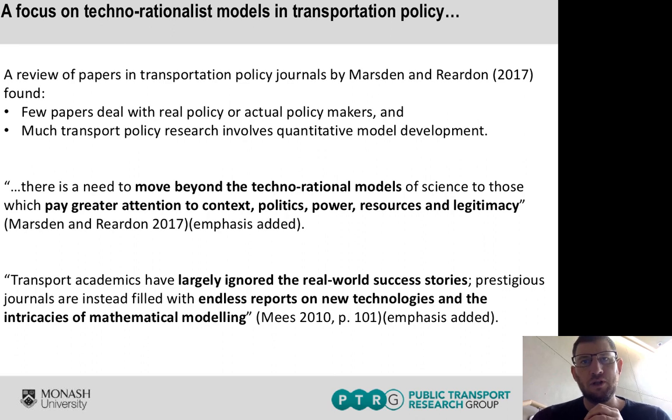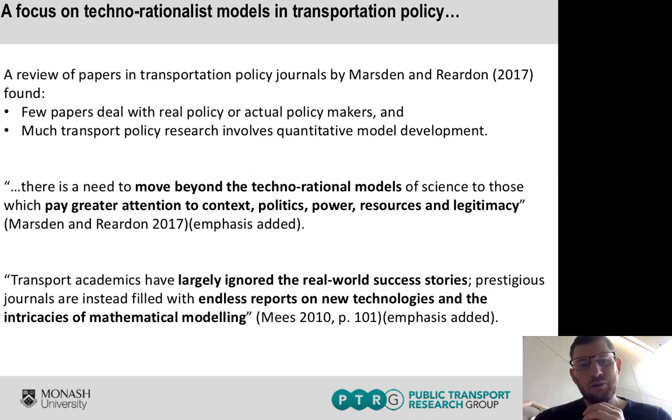Yeah, probably the issue we've had is that in transport, we do tend to very much focus on the techno-rational models. We look very much at making a better model, a better traffic simulation, a better thing that will give us a closer quantitative answer to the real world.